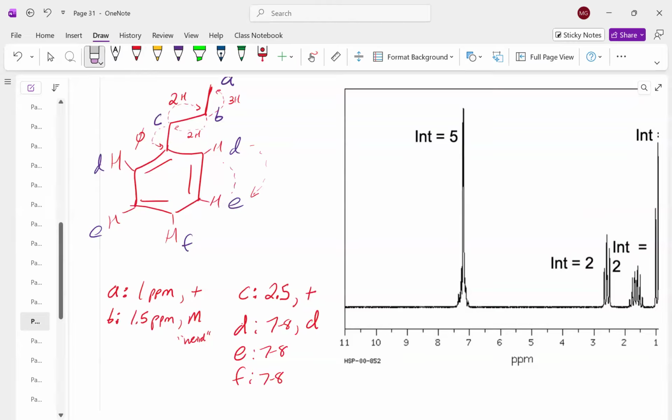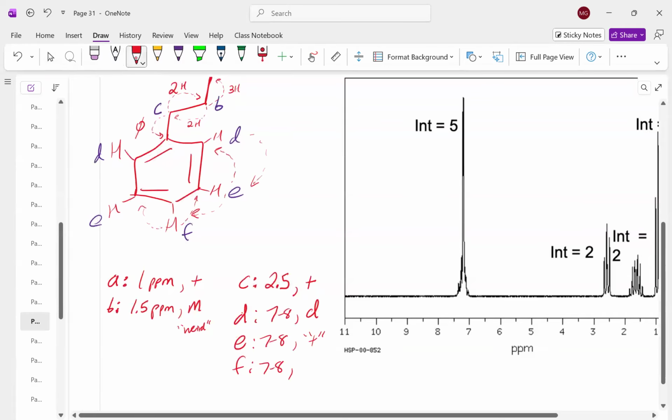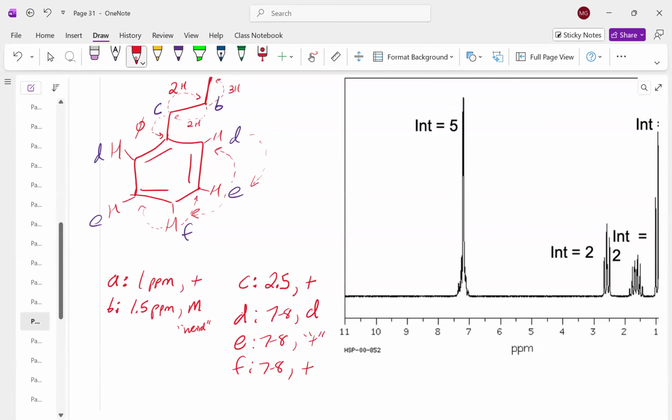E is next to a D and an F, so it's going to be a weird looking triplet. And F is next to 1 E on one side and 1 E on the other, so as we'd expect, it's going to show up as a fairly symmetrical looking triplet.